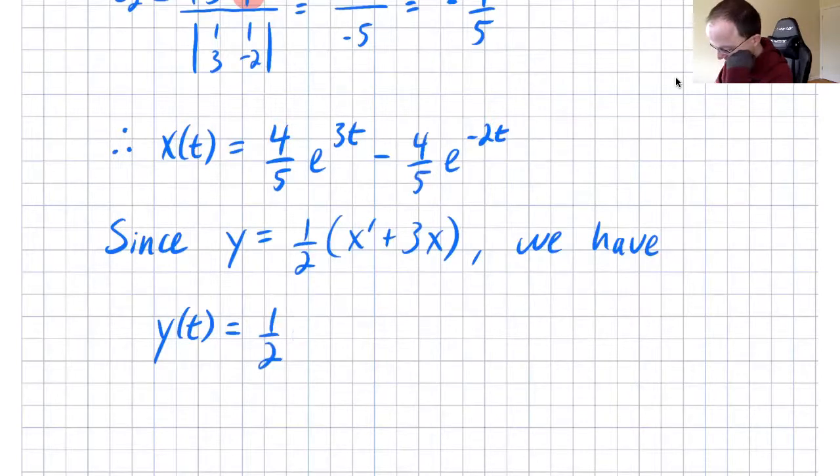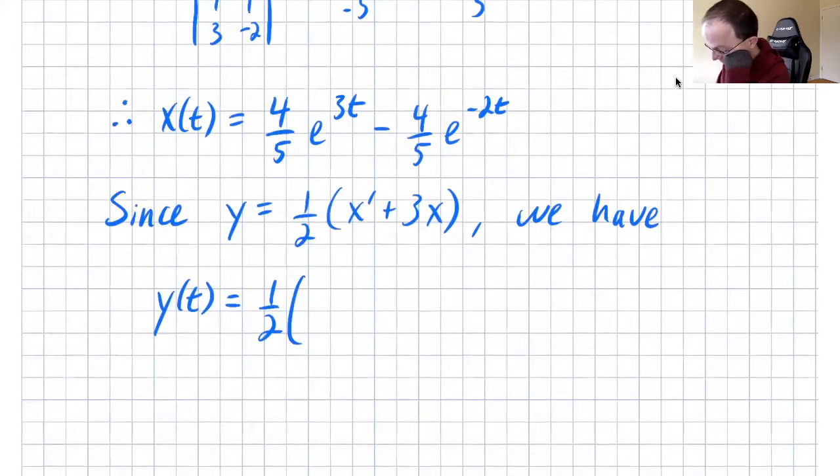And now we're going to put x prime in here. I'll just calculate x prime again using the 4/5 that we have here. So this will be 12 over 5 e to the 3t plus 8 over 5 e to the negative 2t, and then we have plus 3 times x.